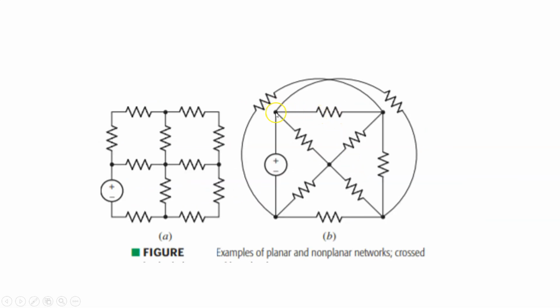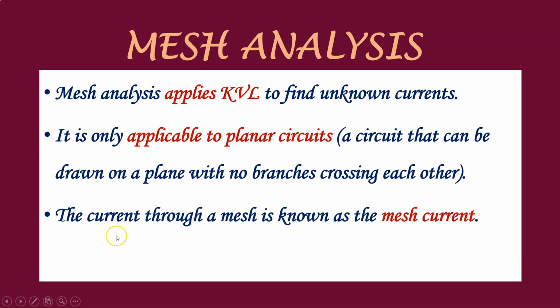Here you can see in this figure, in this second circuit, the branches are crossing each other. So this is a non-planar circuit, and for this mesh analysis cannot be done. Only for this first circuit, mesh analysis can be done. And the current through a mesh is known as the mesh current.